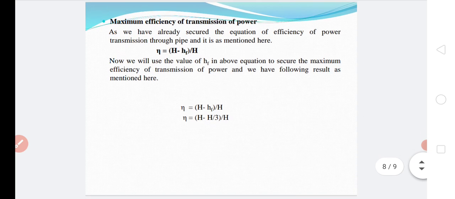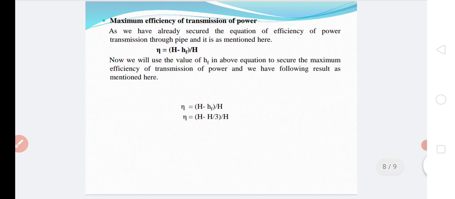Maximum efficiency of transmission of power. Let us discuss the maximum efficiency of the transmission of power. The efficiency of power transmission through a pipe is given by η equals (capital H minus hf) by H. For maximum power transmission through the pipe, the condition, already given, is hf equals capital H by 3.